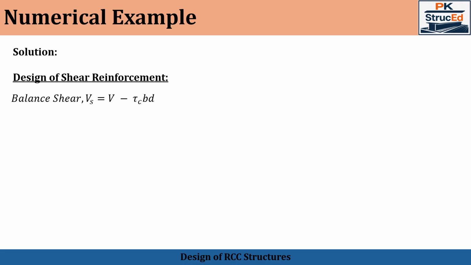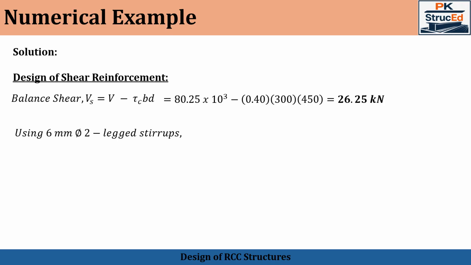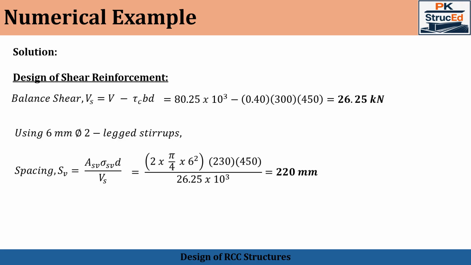The balance shear has to be calculated using the relation V minus tau c b d. Again repeating, V is the total shear acting on the section, and tau c b d is the shear resisted by the concrete. Substituting the values, we get the balance shear as 26.25 kilonewton. Using 2-legged 6 mm dia stirrups, the spacing of the vertical stirrups will be calculated using the relation ASV sigma SV d divided by VS as 220 mm.